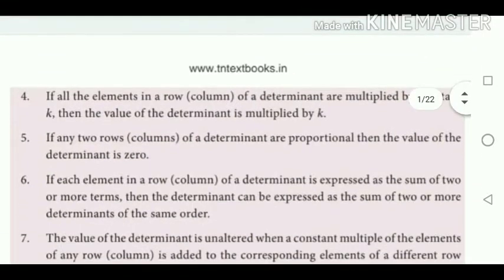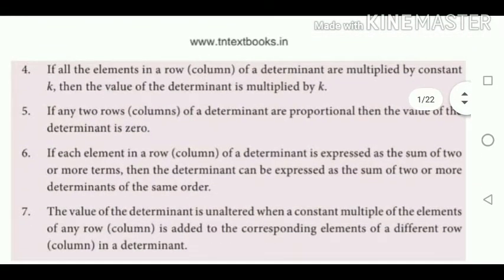Okay, the next property, the fourth property: if all the elements in a row or a column of your determinant are multiplied by a constant k, for example, if you multiply by 2, then the value of the determinant is multiplied by k. For example, in the last question we got the answer minus 52.